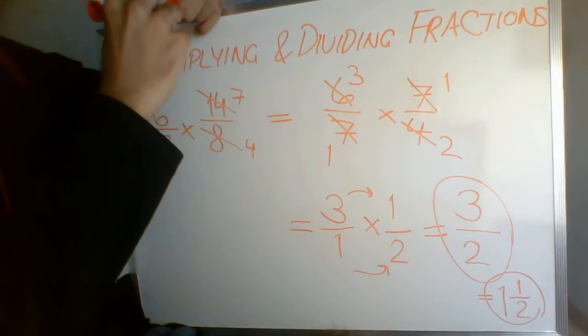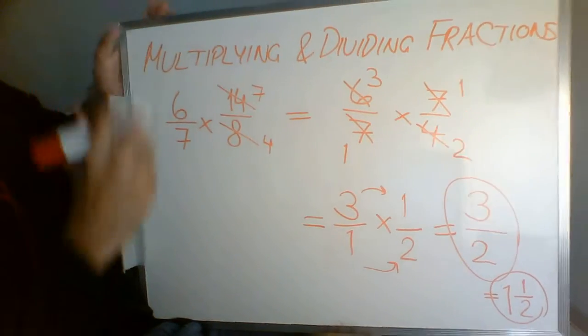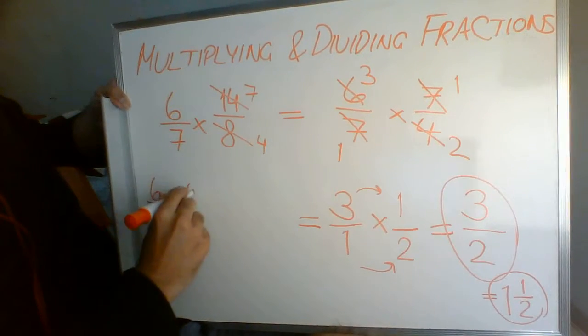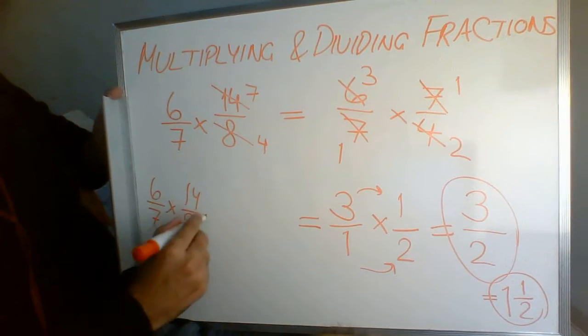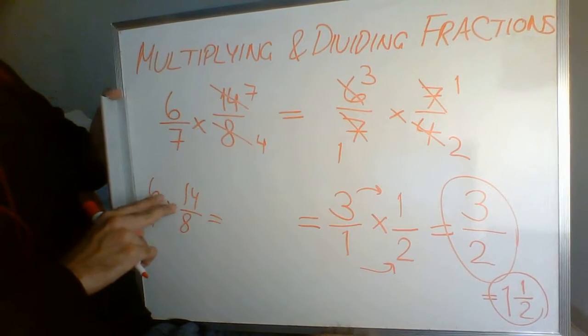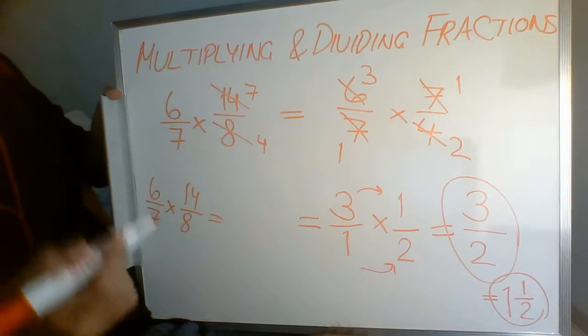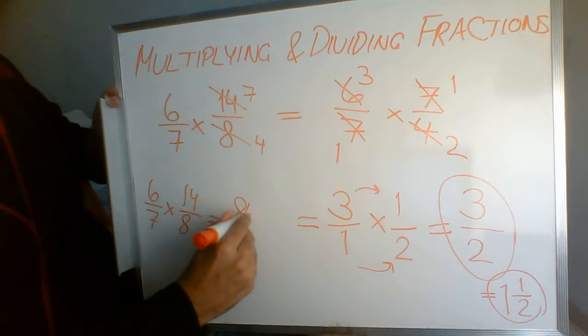Alright, hopefully that's making sense. Just to show you what happens if you reduce later, we had 6 over 7 times 14 over 8. Now, if you don't do any reducing and you just multiply those together at the beginning, you're going to have to figure out that 14 times 6, well, 14 5s are 70, plus another 14, that should give you 84.